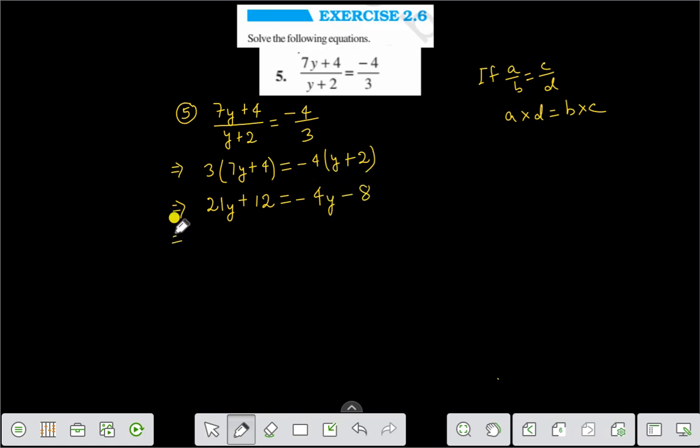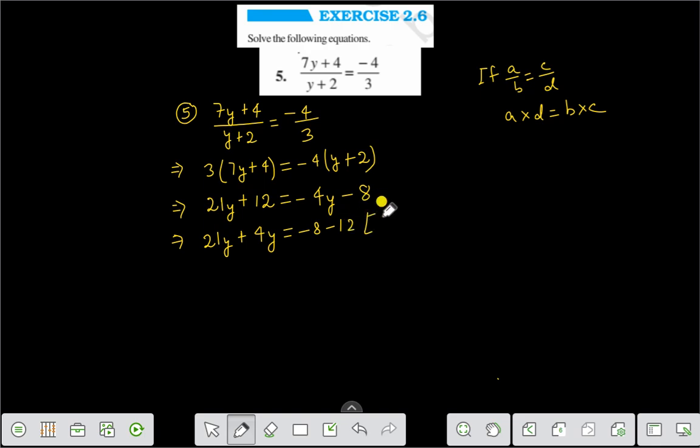Or it can be written as, on transposing, 21y + 4y is equal to minus 8 minus 12.